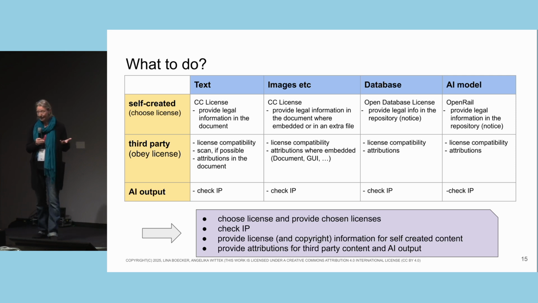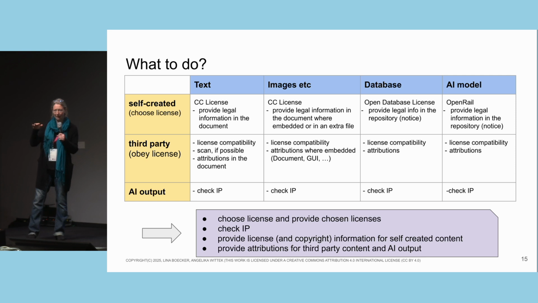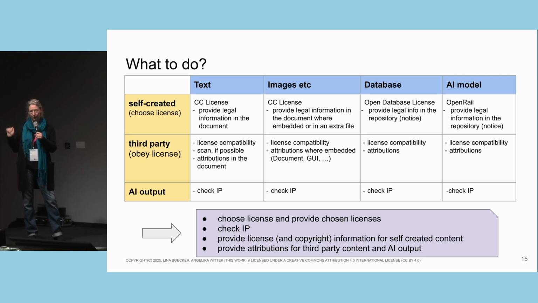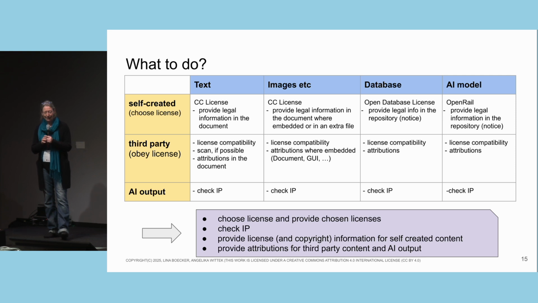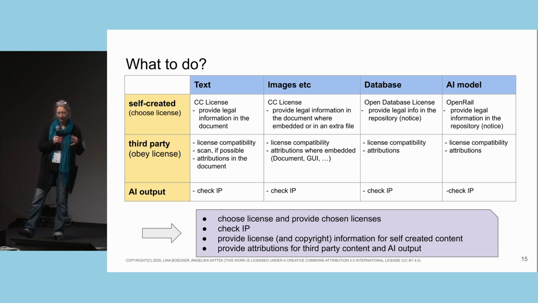For example, in cars, maybe you already have seen there's also, I know it from BMW, on the screen a special section where you can go in and look at the attributions, which open source software is used in that BMW. Very funny. And when it comes to AI output, Lina just explained it's not so easy with the output.